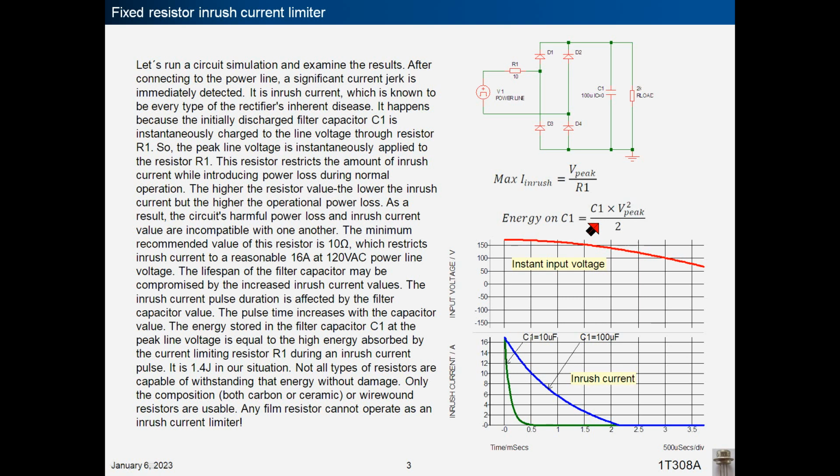Not all types of resistors are capable of withstanding that energy without damage. Only the composition resistors, both carbon or ceramic, as well as wire-wound resistors, are usable. Any film resistors cannot operate as an inrush current limiter.